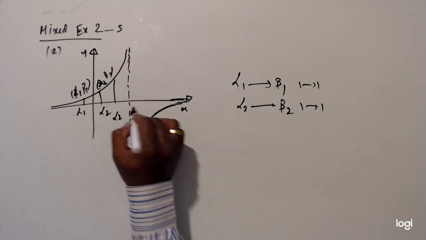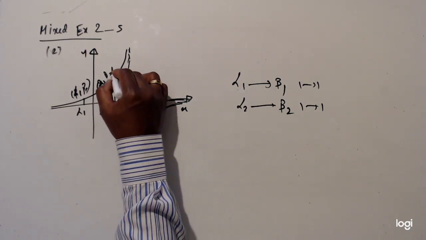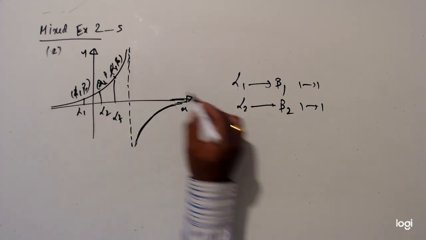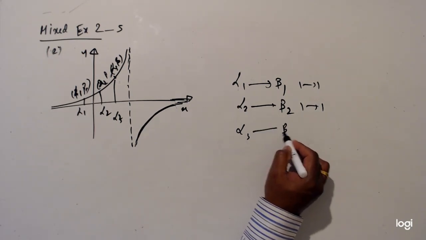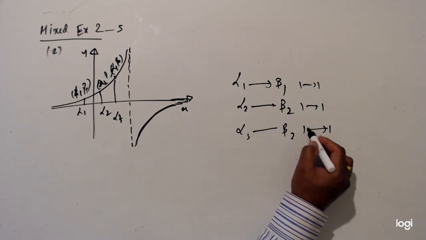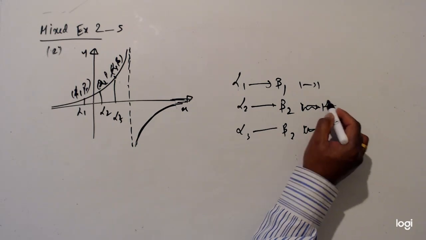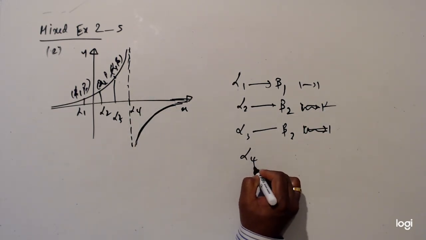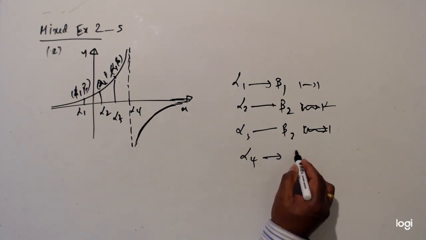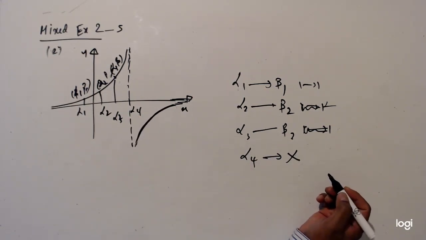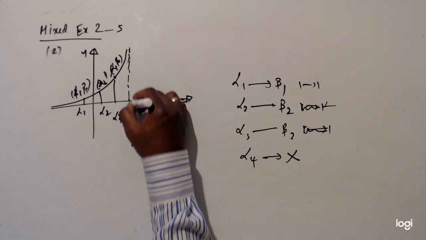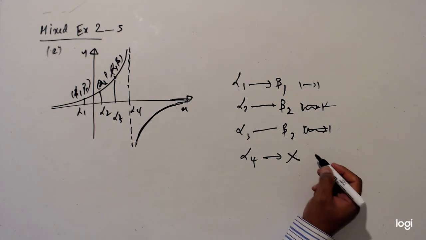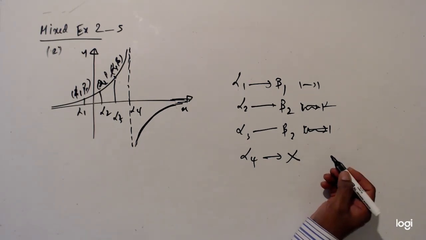And alpha 3, beta 3, 1 to 1. And alpha 4, no value. Alpha 4 is this dotted line. It's not 1 to 1 anymore. So you can't tell 1 to 1.